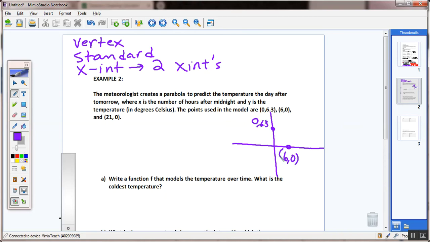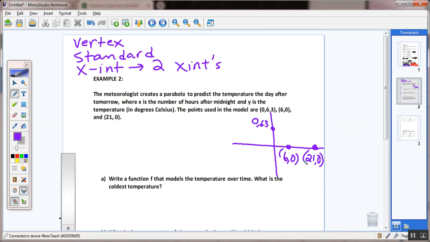What's the next one? 21, 0. Oh my goodness. Wouldn't you just know it would happen that way? We have 2 points that fell where? On the x-axis. We have 2 x-intercepts, don't we?